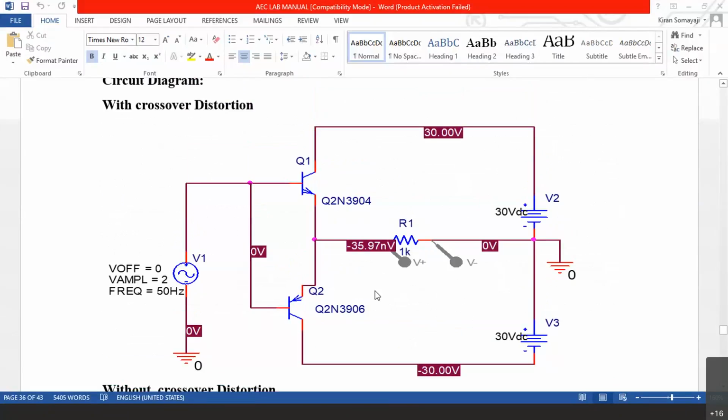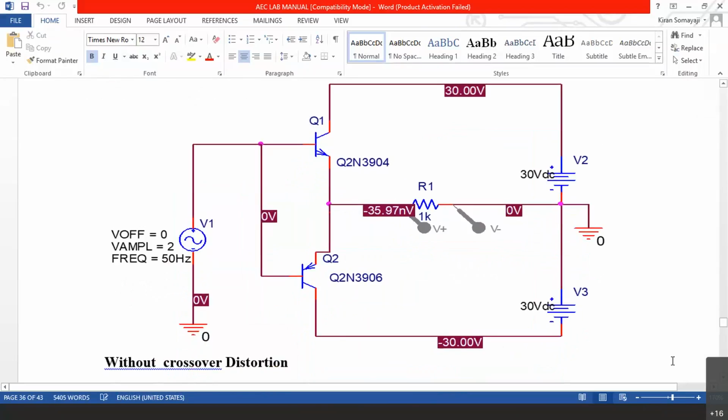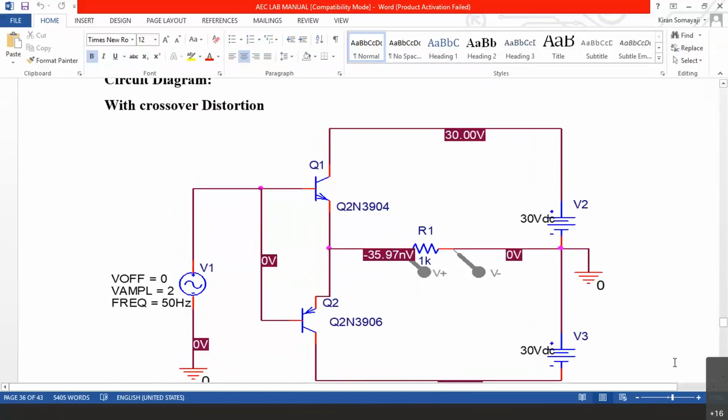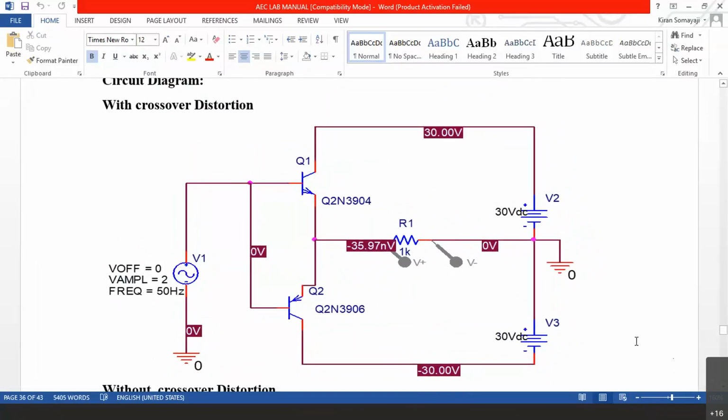Now, this is the circuit diagram of Class B push-pull amplifier with crossover distortion. You can see the circuit now. When the input signal is applied here, let me annotate.